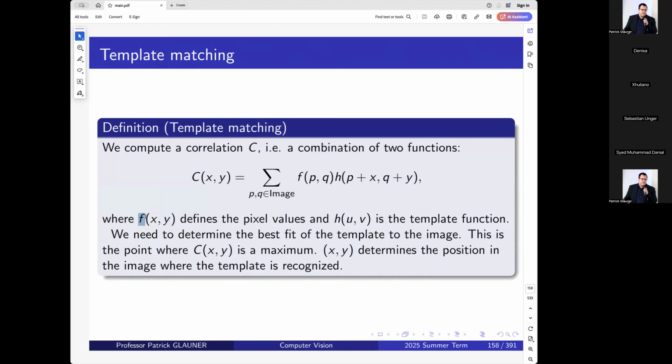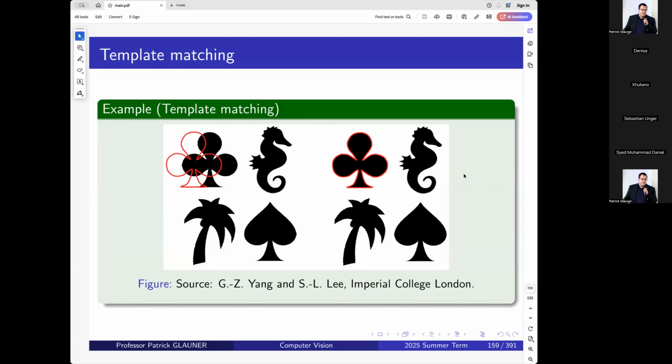So we would have F, which are the pixel values, and H is our template. Eventually we try to determine the best fit of the template to the image, and this is where our correlation is maximized. We're trying to move this template throughout the whole image.